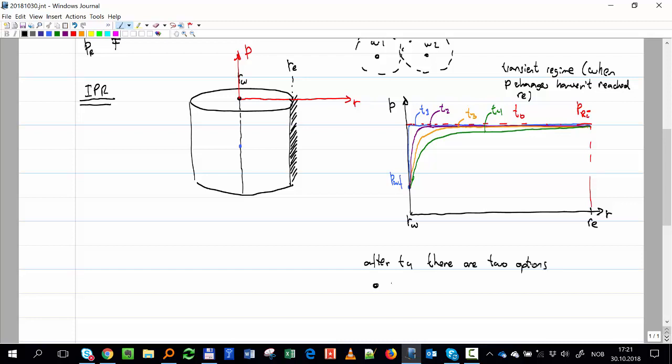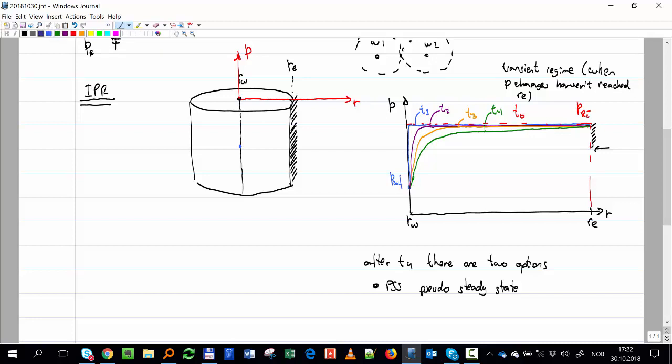One is the PSS, or pseudo steady state, in which the pressure at the bound is going to be reduced, because let's say it's completely isolated, without any inflow on this side. I'm draining material and it's going to go down and down, with more or less the same shape as T4.